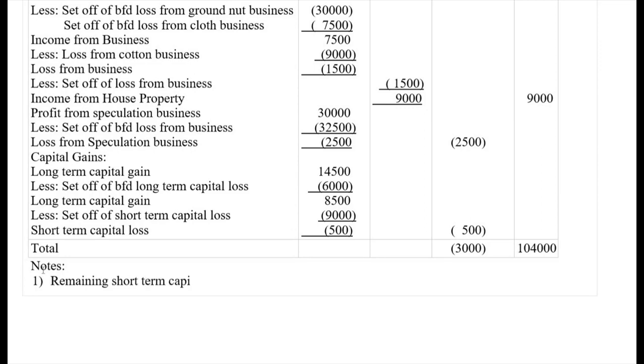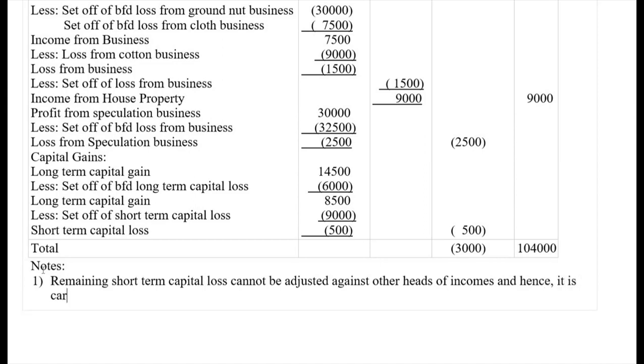Remaining short-term capital loss cannot be adjusted against other heads of incomes, and hence it is carried forward.